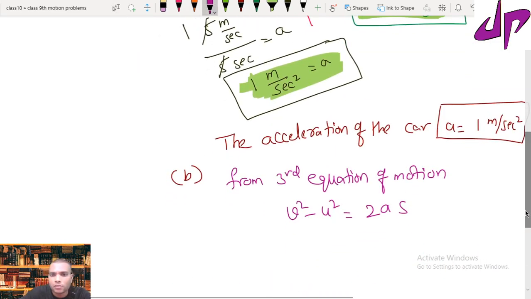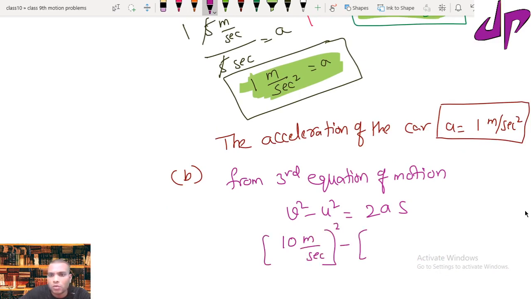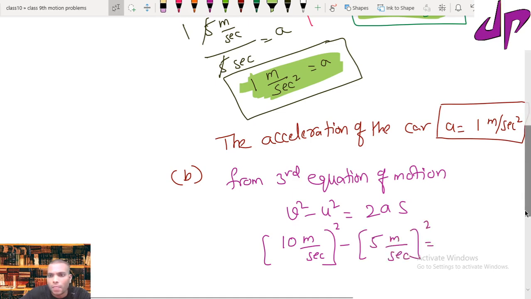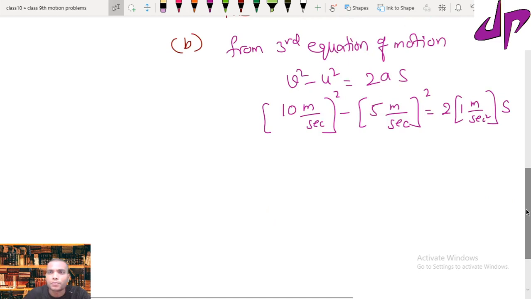So v equal to 10 meter per second whole square minus u equal to 5 meter per second whole square equal to 2 times acceleration value 1 meter per second square times s. The s value we need to find out.